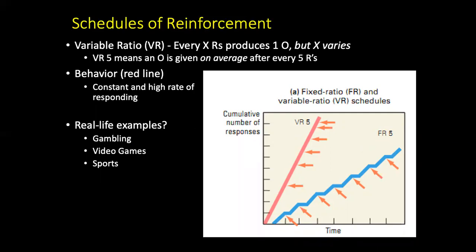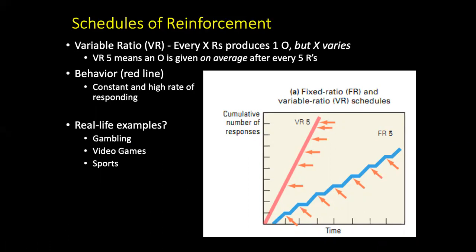And this is actually what we see in gambling, video games, sporting events, where behaviors get rewarded, but it's not consistent. It takes a certain number of behaviors, right? So if you think about a slot machine, right, you can see why people can get addicted to gambling, right?